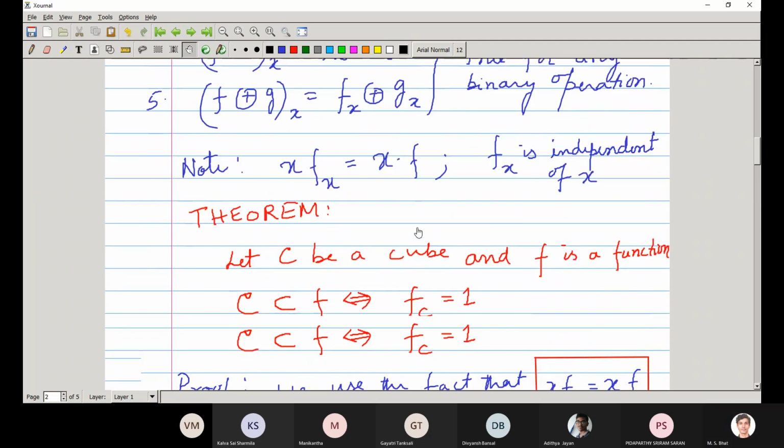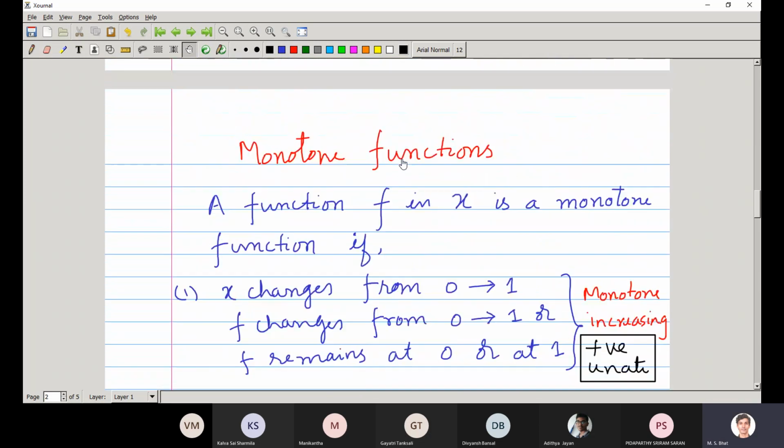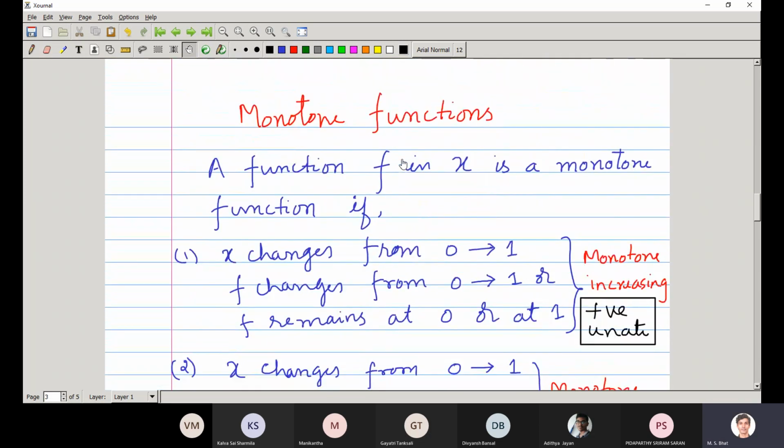CC FC is equal to 1, since the cofactor of C with respect to C is 1. The cofactor of x with respect to x is 1. So CC is 1, therefore FC is 1. So that is the theorem. Very, very simple to prove.